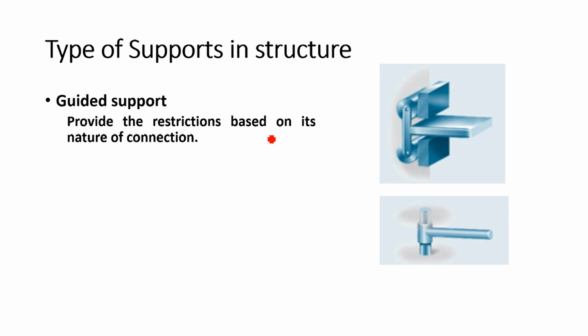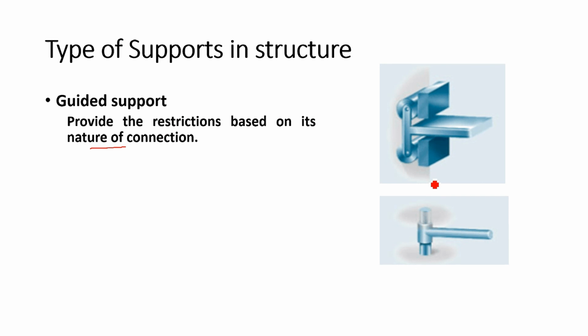What we define as a guided support, we can take the exact definition like fixed, pin, roller. It will provide the restriction based on the nature of its connection. So you have to understand, based on the nature of the arrangement, in which direction the restriction acts.